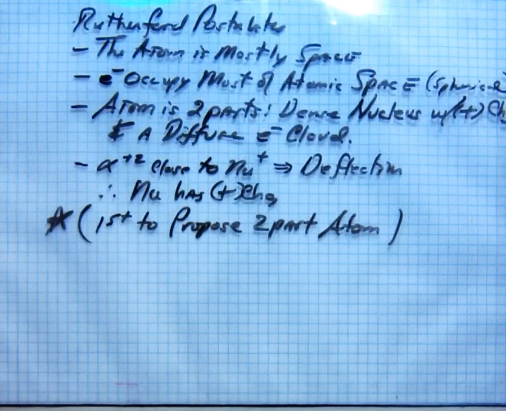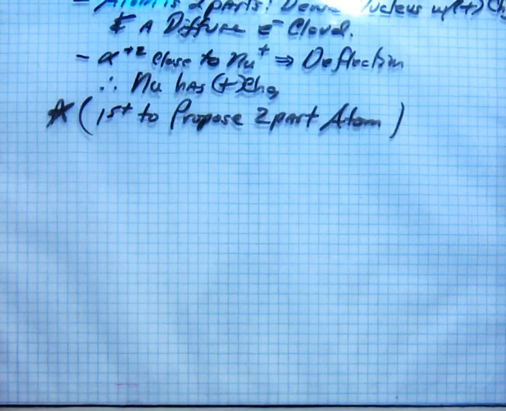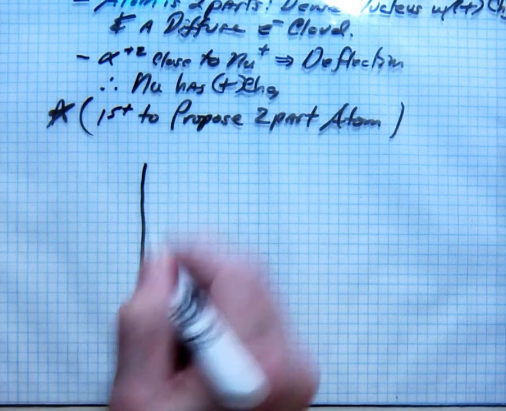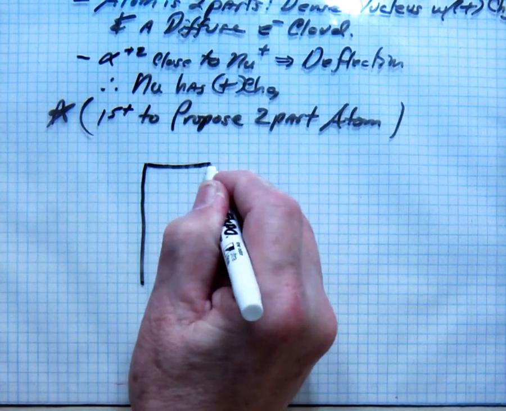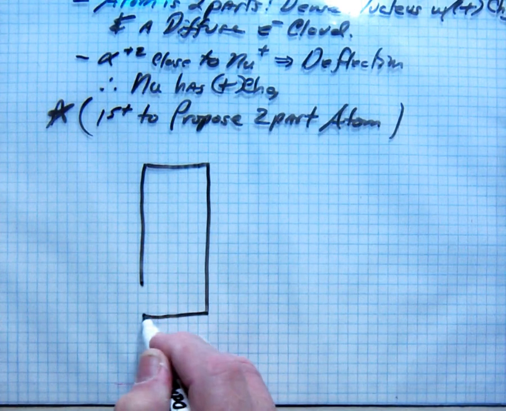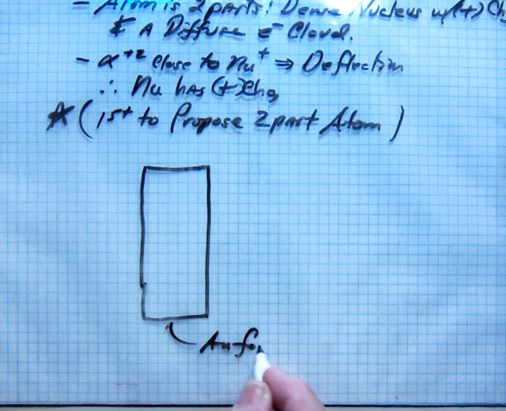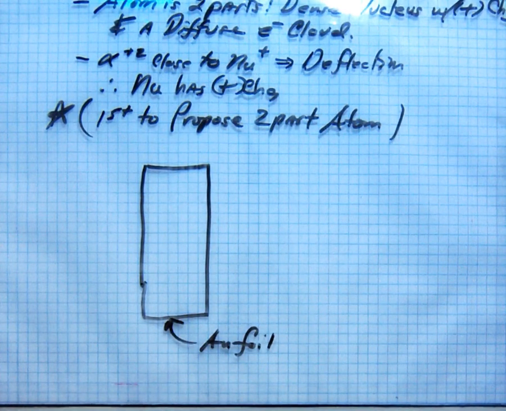Now, there are some great renditions online that show all kinds of pictures. I'm just going to draw one that is kind of a generalization that you could see. Now, this is a gold foil. His intention was to hammer it down to one atom.